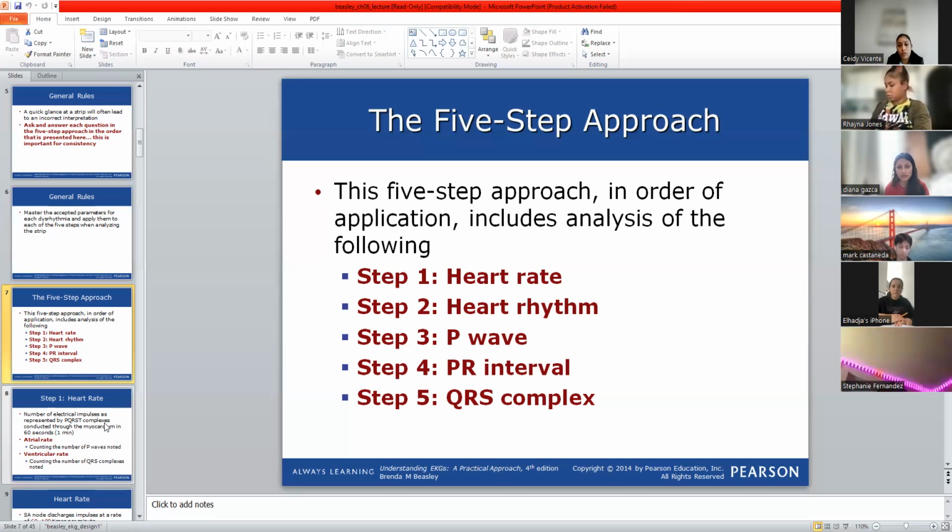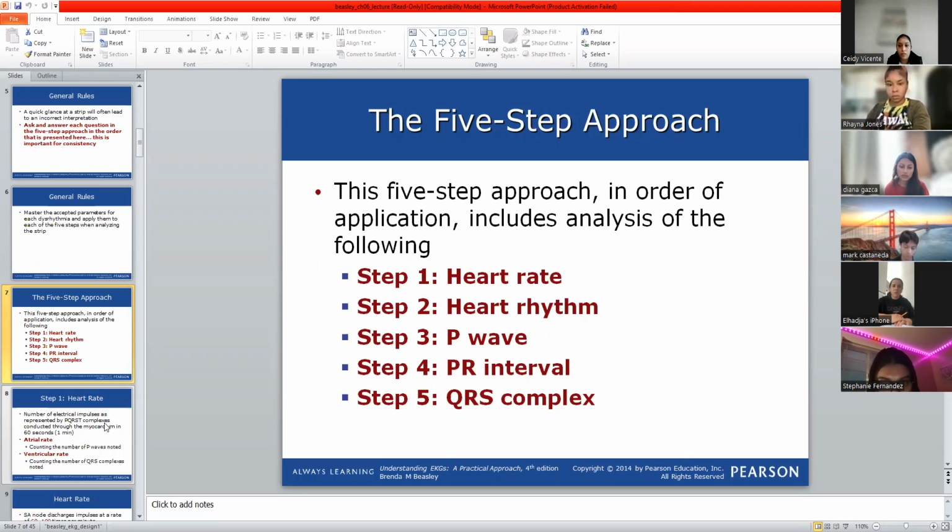Number 2, it is regular or irregular. Comment on the P wave. The PR interval is whatever measurement she got, and if it is within the range, it's okay. And the QRS, she found that it is also within the normal range. She will report to me that this is a normal EKG, right?